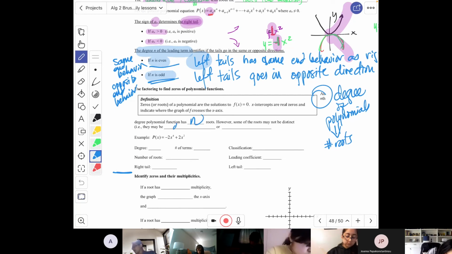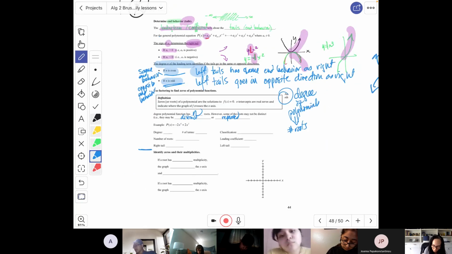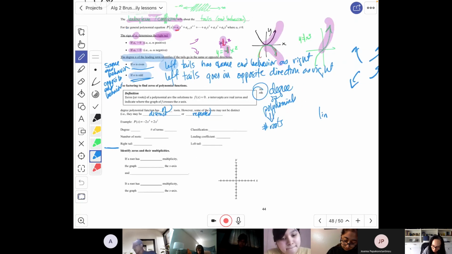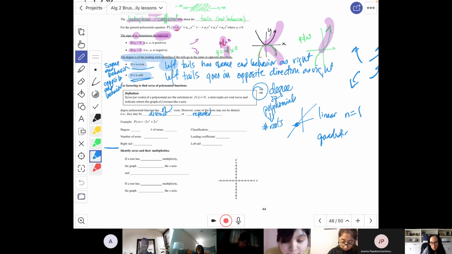Now they may be distinct, unique roots, or they could be repeated roots with higher multiplicity. So for a linear function, the degree was 1, you knew that it had only one root, potentially. It has no roots if it's a horizontal line that doesn't pass through the x-axis, right?